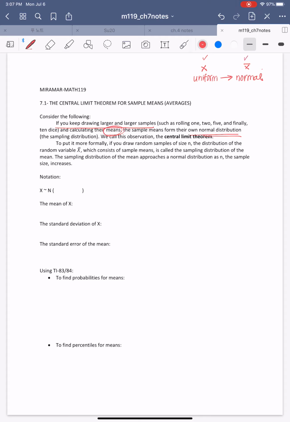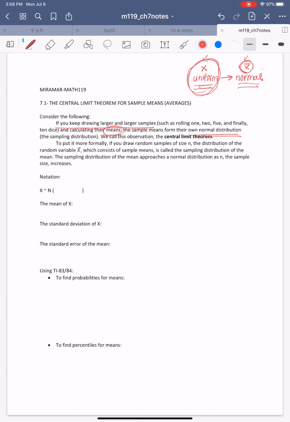So you have data that could be uniform, could be normal, could be binomial, who knows? Your sample comes from some kind of distribution, but it doesn't matter which distribution it comes from, your sample mean will always approach normal. That's the key idea of the central limit theorem.